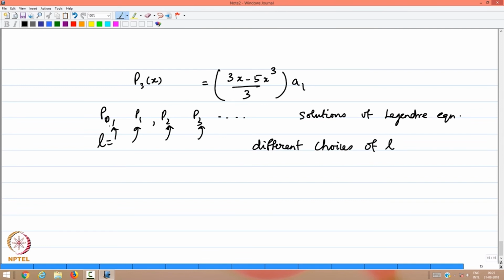Therefore, you can see that the polynomials form an infinite set of solutions for the differential equation. This is all with m equal to 0.